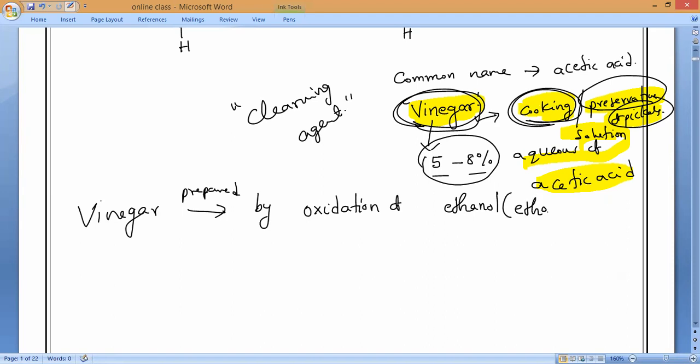Can you tell me what is the equation for oxidation of ethanol or ethyl alcohol? CH3CH2OH. Yes, oxidation, preparation of ethanoic acid.